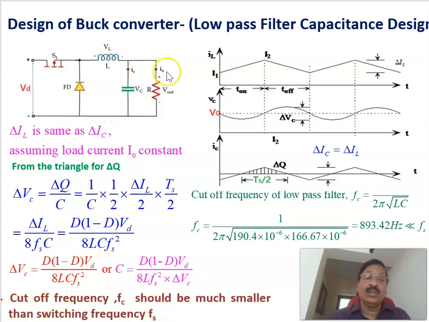After finding L and C, you have to cross check that: 1 by 2 pi root of LC, the corner frequency of the LC filter, should be much smaller than the switching frequency of this switch. Therefore, this is the method to design the low pass filter inductance as well as capacitance.